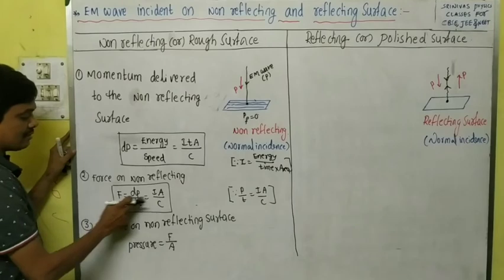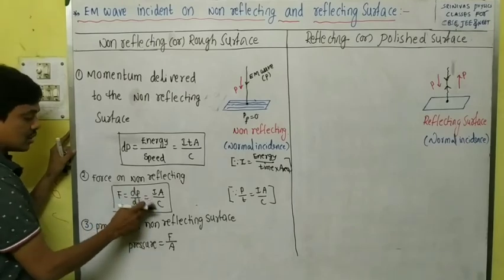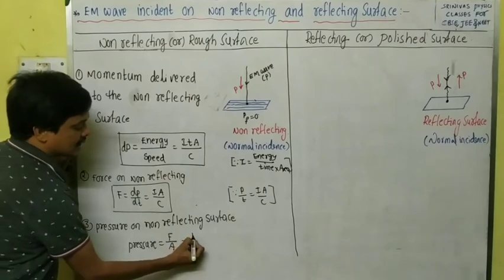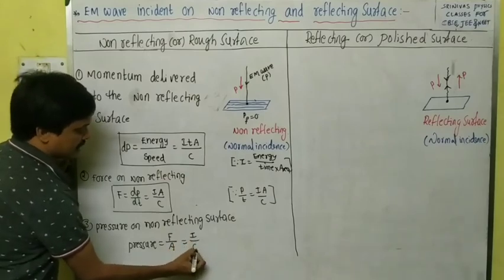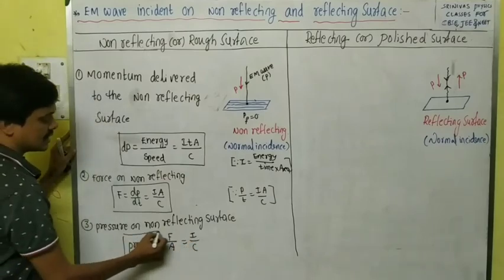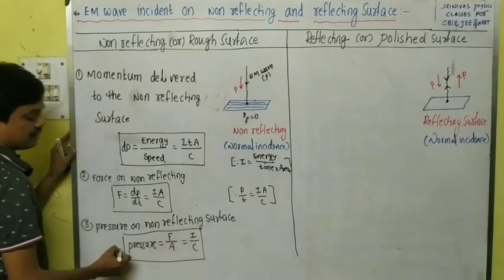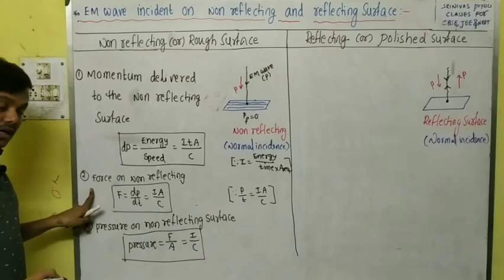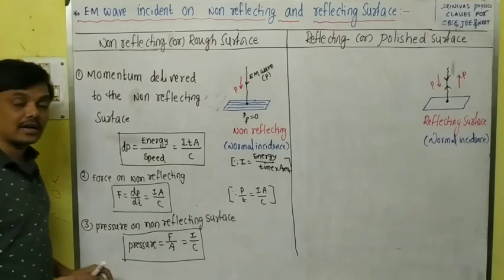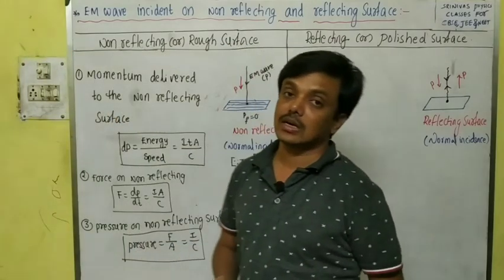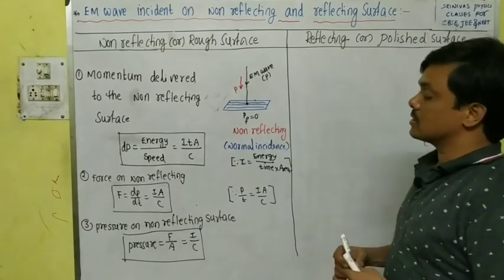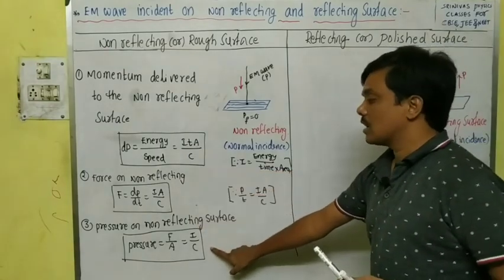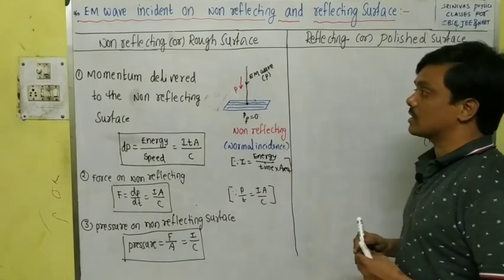Force by area: we divide the force formula by the area, then we get I by C. The formula for the pressure on the surface is intensity by speed of the EM wave. This is the momentum delivered, force and pressure on a non-reflecting surface. When an EM wave is incident on a non-reflecting surface, we discussed how much momentum transfers, how much force and how much pressure it applies.